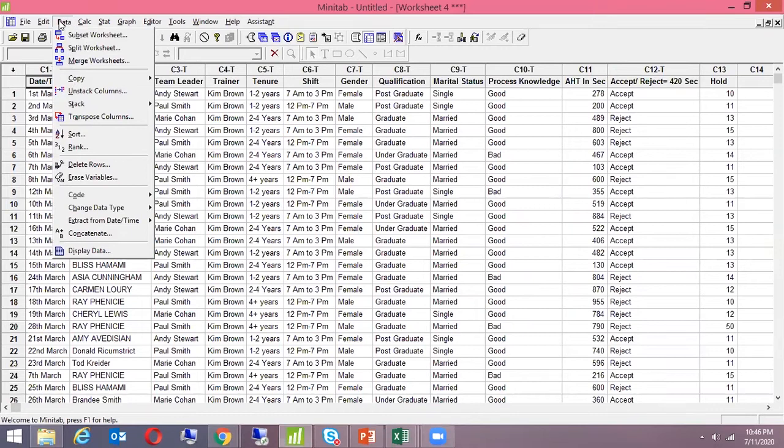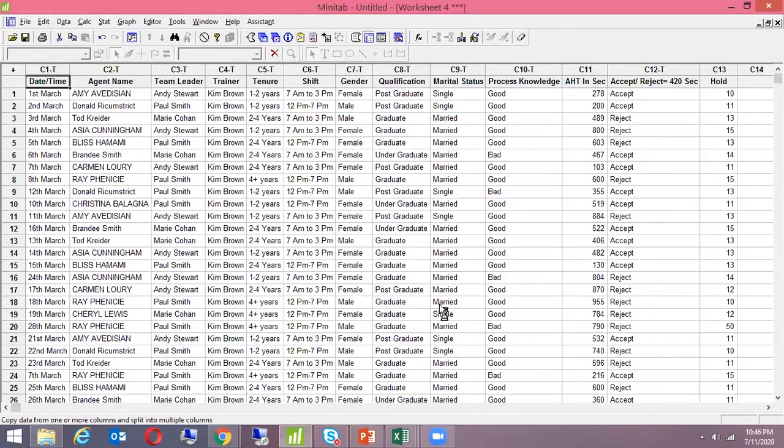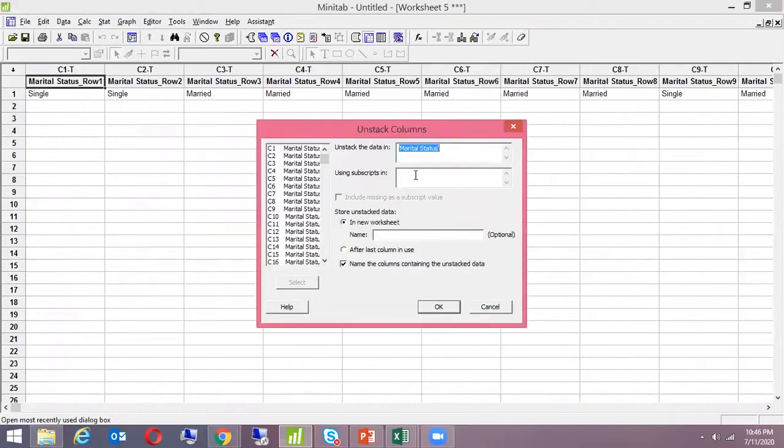So I go to data, I click on unstack columns. Which data do I want to unstack? Marital status. I have to mention in which column I have to do it.